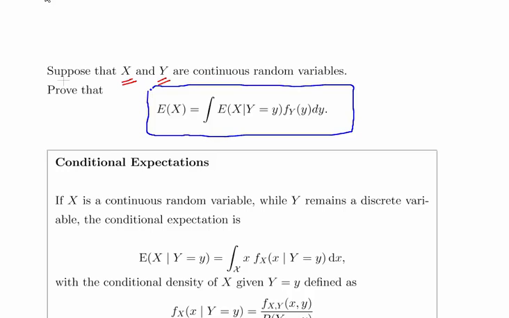I'm going to try and keep this video short, but just to spot all the things and how they interlock with each other. Now, to start off with, let's look at this here. We have the expected value of x, and we're saying that that is an integral of the conditional expectation of x, conditional on y, times the marginal density function of y, and we integrate that, dy, with respect to y.